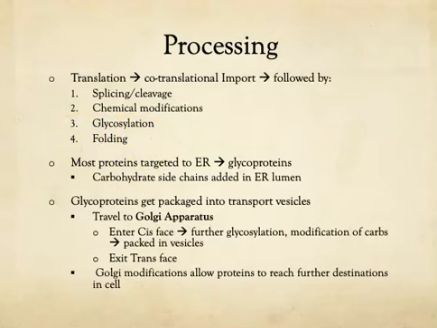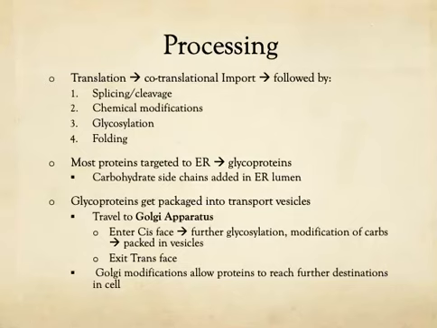Remember, every polypeptide has to be folded into some three-dimensional shape. Each protein has its own unique sequence of amino acids, and that sequence is going to determine how that protein ultimately is folded.